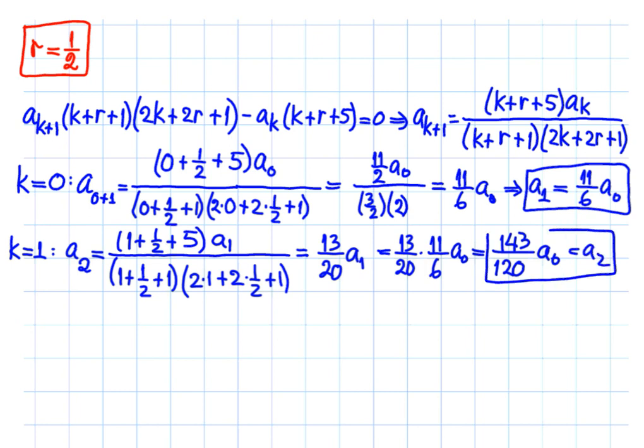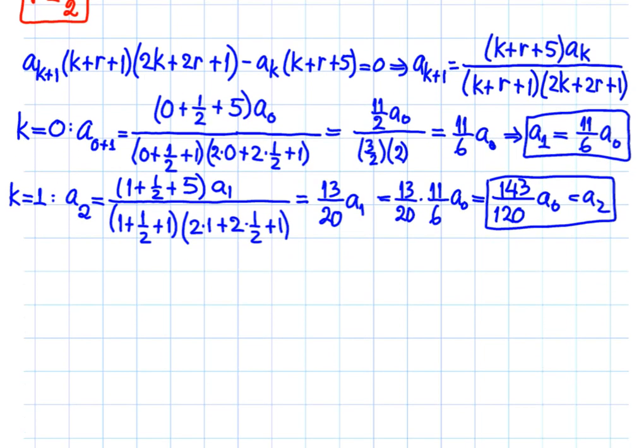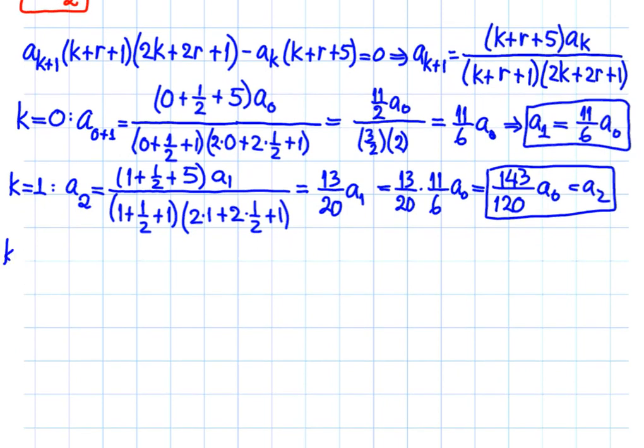And we only need one more term, a3. So that gives us a0, a1, a2, and a3. Let's just do one more. K equal to 2, a3 equal to, right.